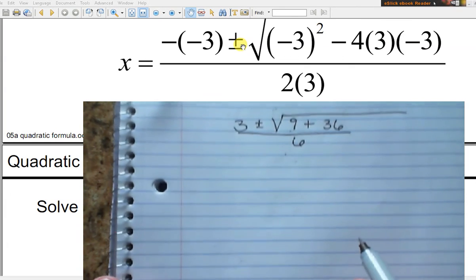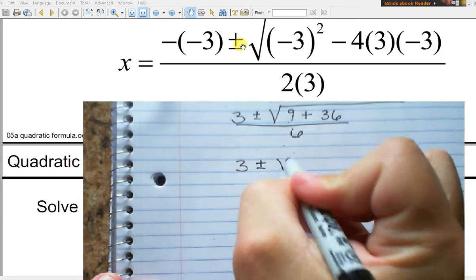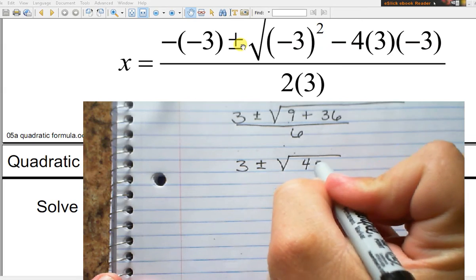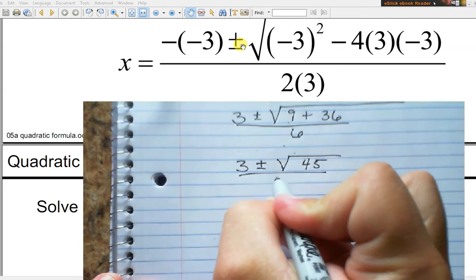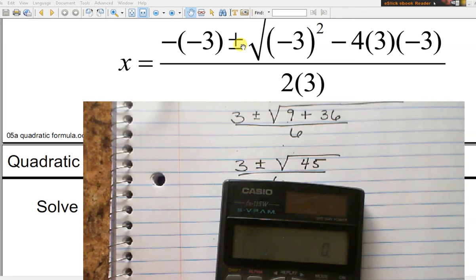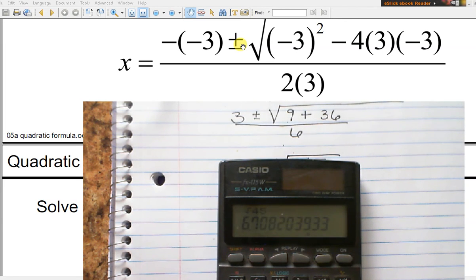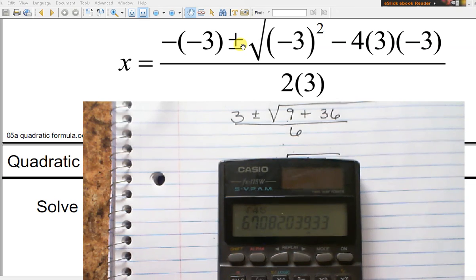Take it down even further. 3 plus or minus the square root of 45 over 6. But Mr. Barr, what's the square root of 45? Yep, we're going to go decimal on this one. Square root of 45 is 6.708.